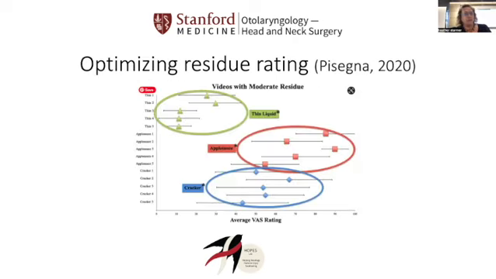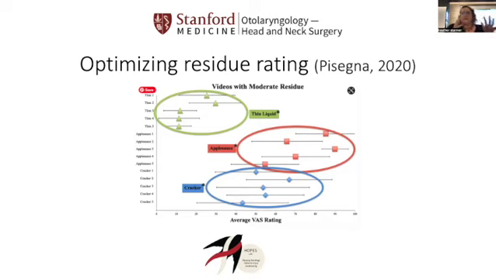So we wanted to think a little bit more about how do we optimize this. And so another sort of more recent look at how do you rate residue reliably in FEES came out of Jessica Pisegna's lab. And what they looked at was, if a clinician were to say this is moderate residue, and then you looked at the percentage of residue there, it took much less residue with thin liquids to be considered severe than it did with puree or solid foods.